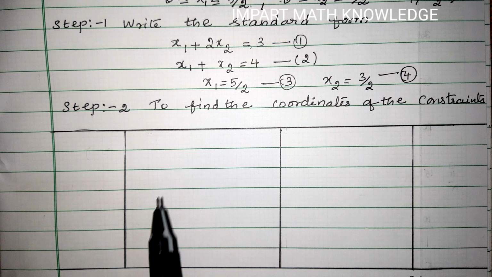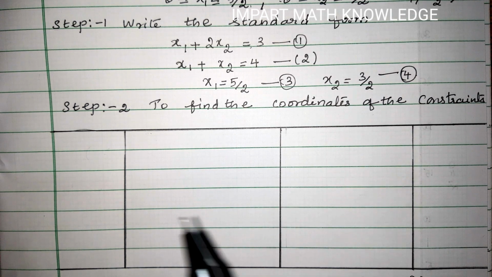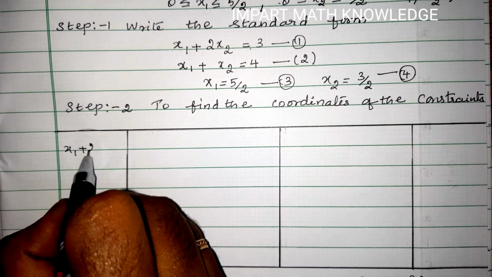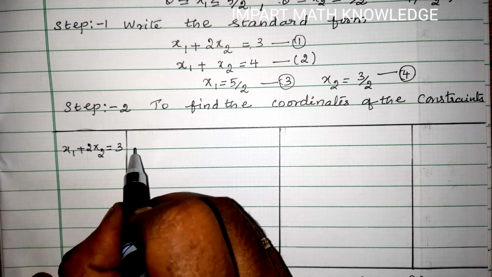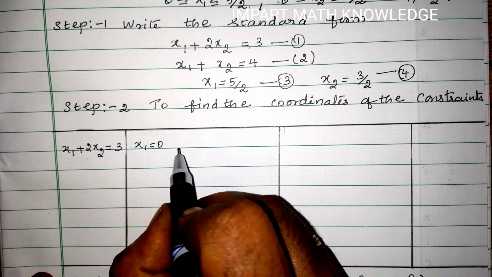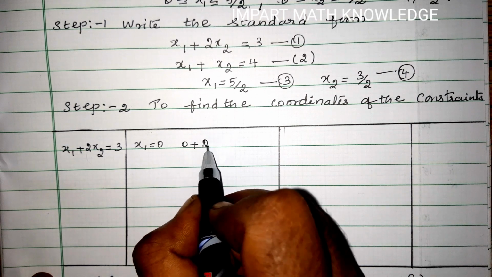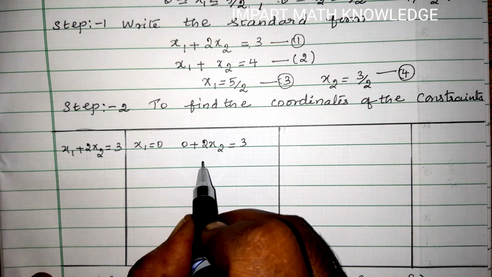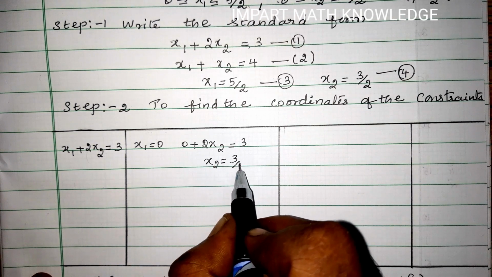Second step, we have to find the coordinates of the given constraints. Let me take the first constraint, x1 plus 2x2 is equal to 3. If I substitute x1 is equal to 0, then we get 0 plus 2 into x2 is equal to 3, that is x2 is equal to 3 by 2.